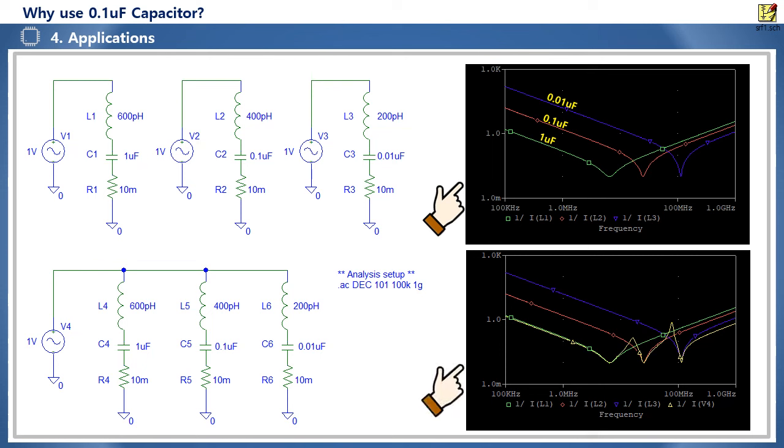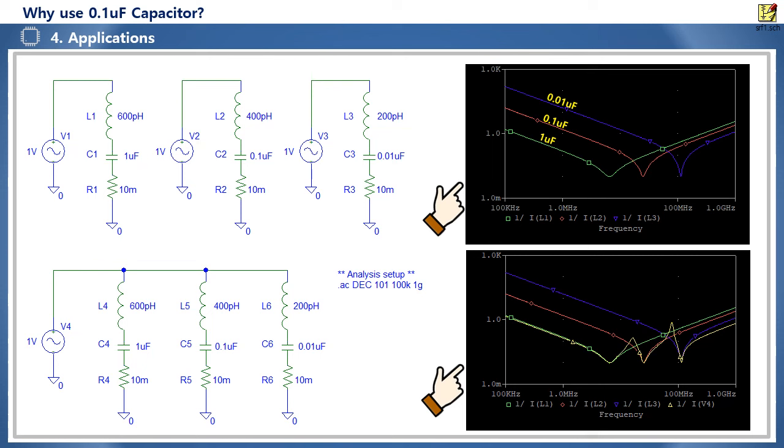The result of analyzing these three MLCCs by connecting them in parallel is the waveform in which the three impedance characteristic waveforms are superimposed and synthesized to become the impedance characteristic graph in the yellow waveform. In other words, it shows the bypass impedance characteristic with a low impedance of less than 1 ohm from the low frequency to the high frequency band, and a wideband characteristic.